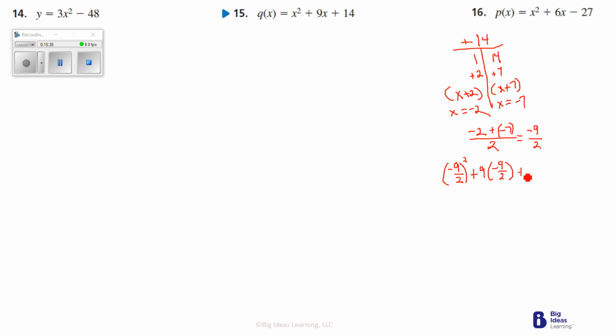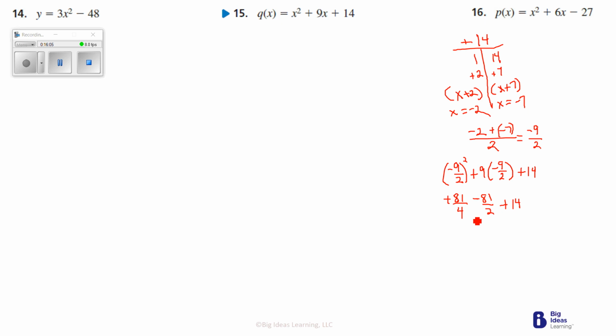And then plus 14. All right, well, negative 9 squared is, I'm sorry, positive 81. Negative times a negative is a positive, over 4. And over here, this is going to be a negative 81 over 2. And then this is a plus 14.